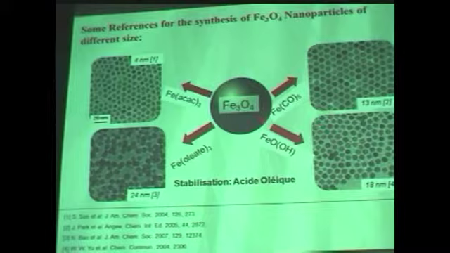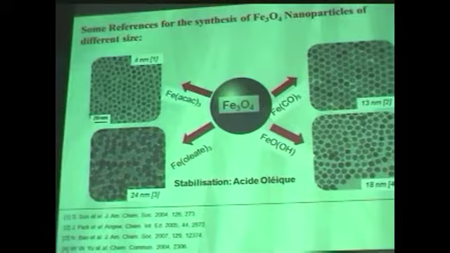We should use iron carbonyl, and we can obtain nanoparticles of 10 nanometers. If we want to increase the size again, we change the precursor, and for nanoparticles of 18 nanometers and 24 nanometers, we can use iron oxide hydroxide and iron oleate precursors.